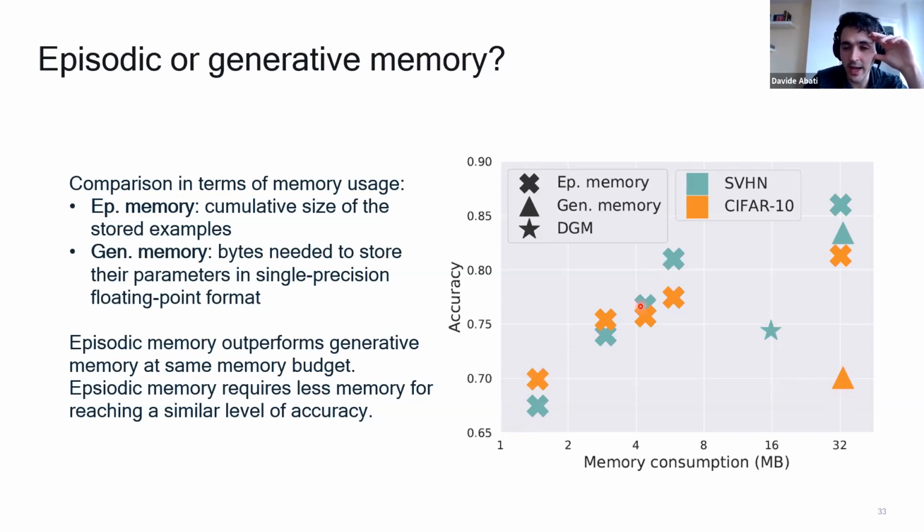So for now, I see no point in using generative memories. However, I expect this gap to shrink as new generative models are available and the visual quality of the images generated improves.